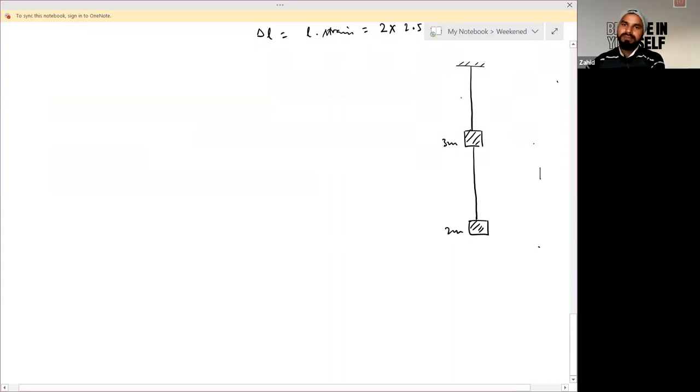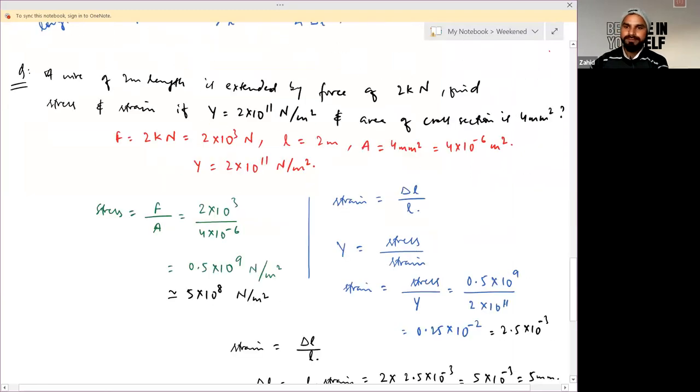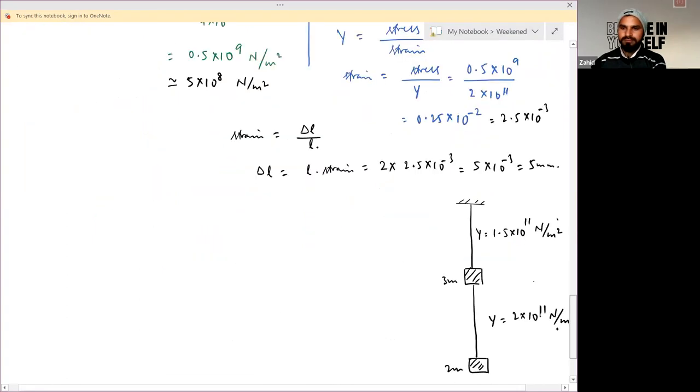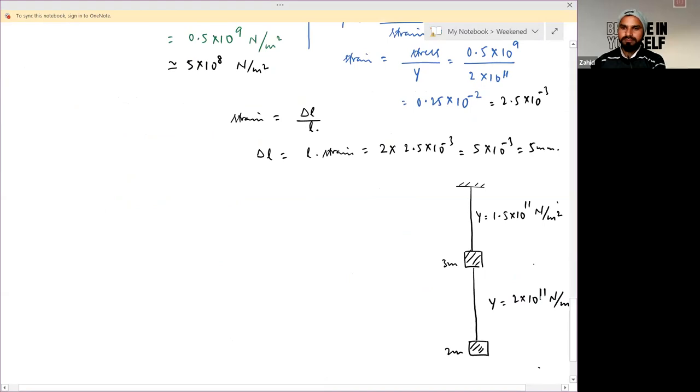This rod has length L, this rod has length L. Let's say Young's modulus of this wire is 1.5 into 10 raised to the power 11 Newton per meter squared, and Young's modulus of this wire is 2 into 10 raised to the power 11 Newton per meter squared. This is wire A and this is wire B.